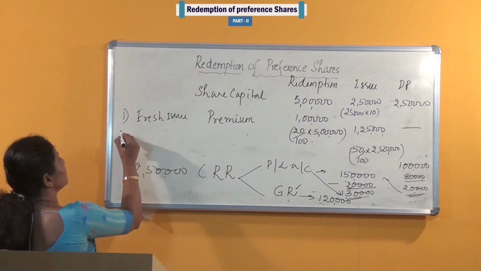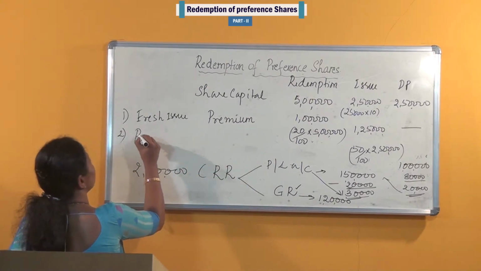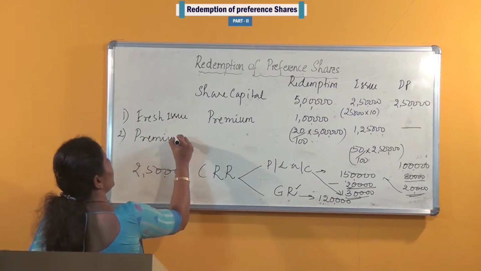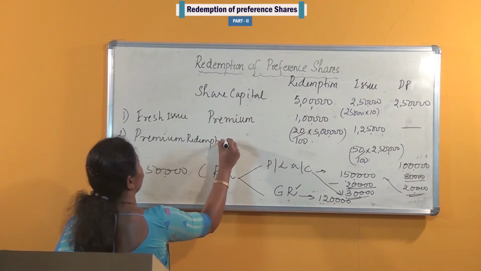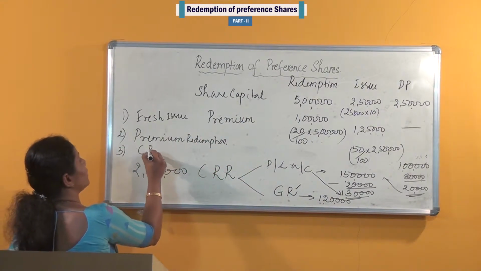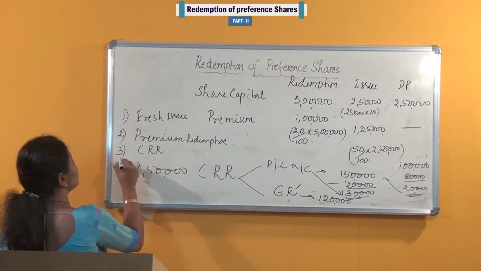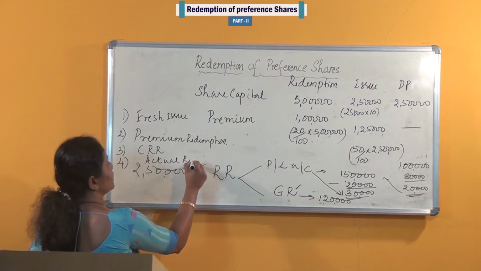Second step is premium on redemption has to be provided for. The third step is to create capital redemption reserve, and the fourth step is dealing with actual redemption of preference shares.